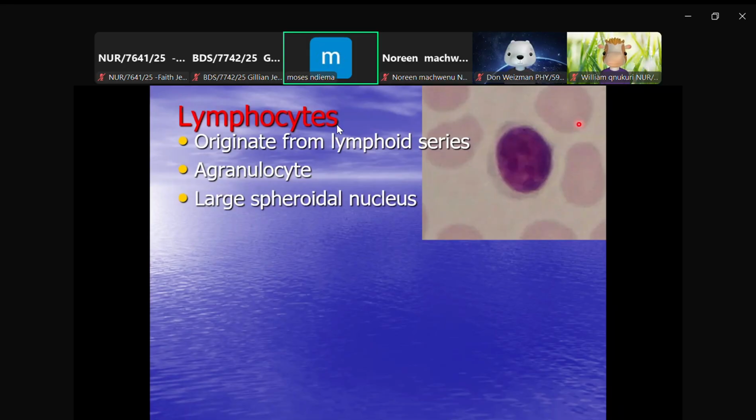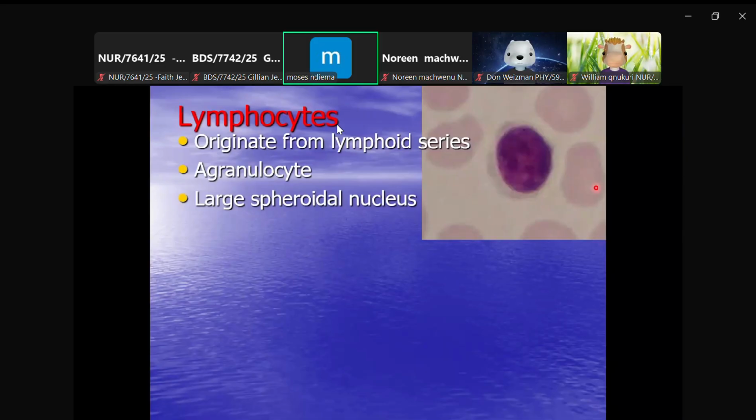So in general, among granulocytes, neutrophils play an important role in phagocytosis. They are the first line of defense, the first cells to come when there's any injury.